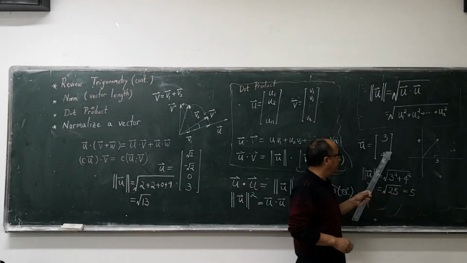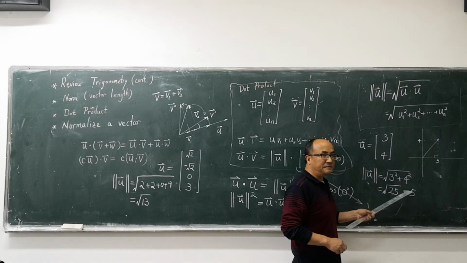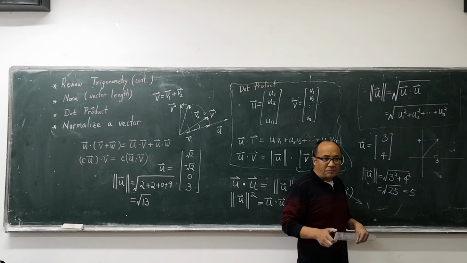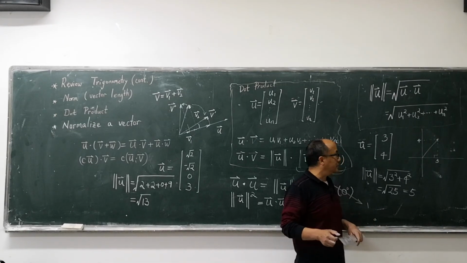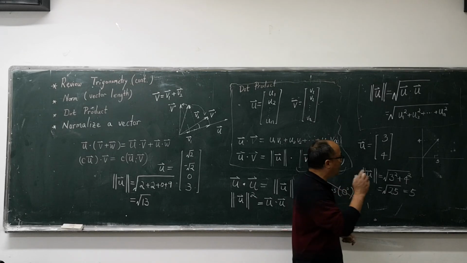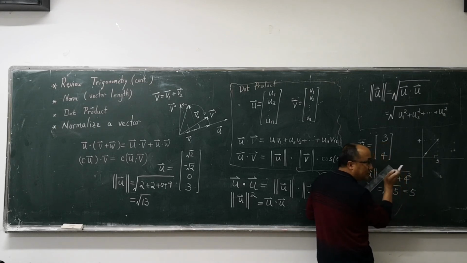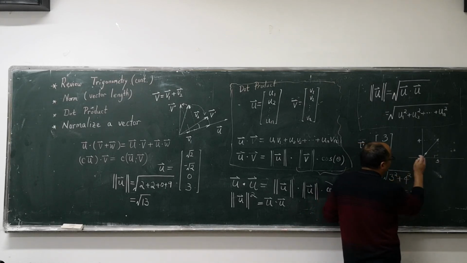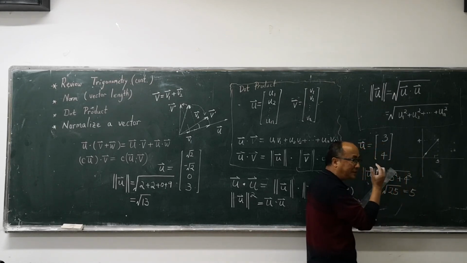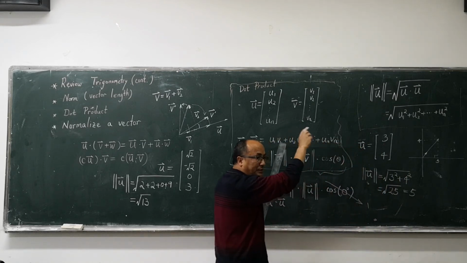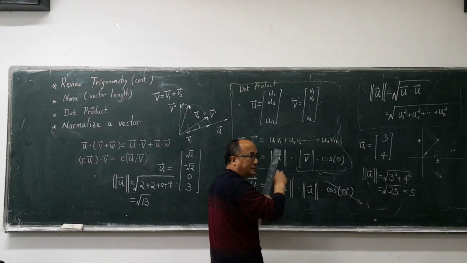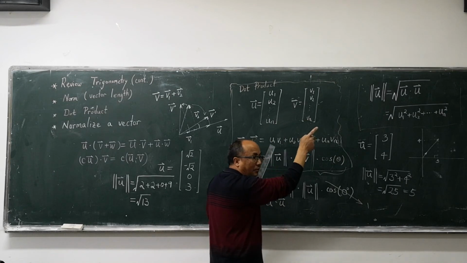The length is 5. In mathematics, many times we want the same direction, but we want the length equal to unit. We always like unit, like the unit circle, okay?